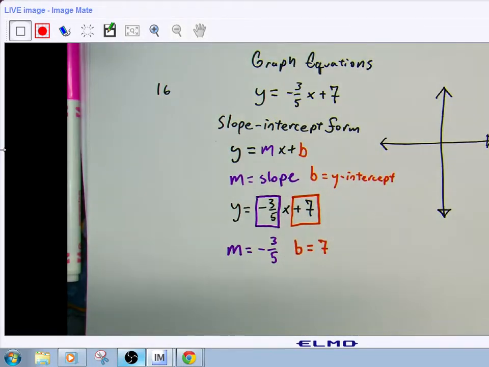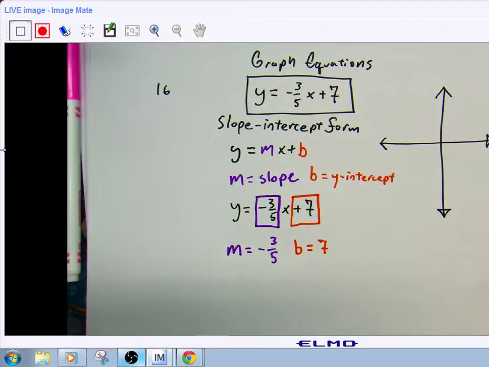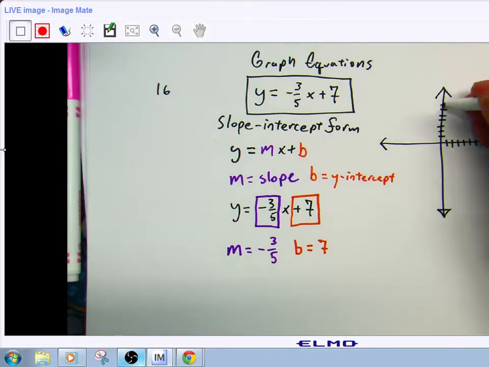Okay? All right, great. So now I know my slope, now I know my intercept. How do I convert this information into a graphical representation? So what I need to do first, let me put some hash marks on here because we're about to get to work. What I need to do first is I need to find a point on the line.